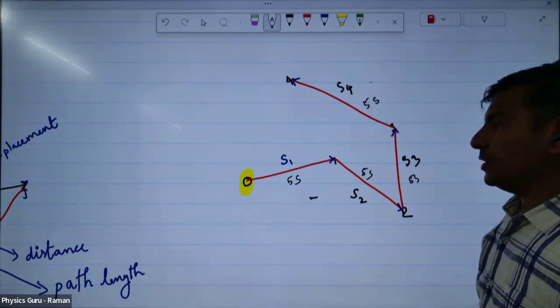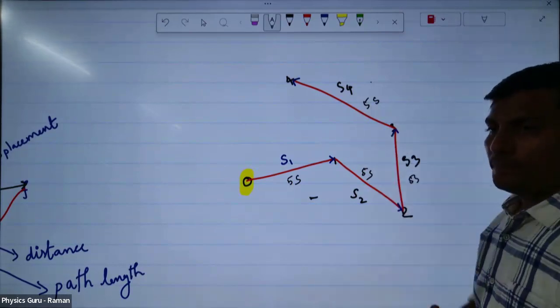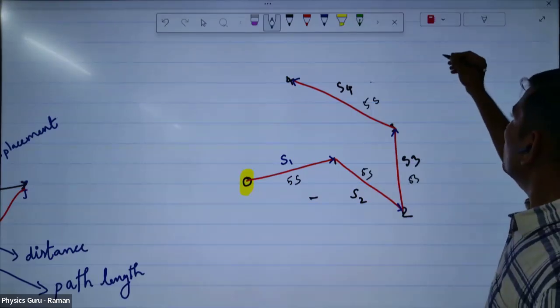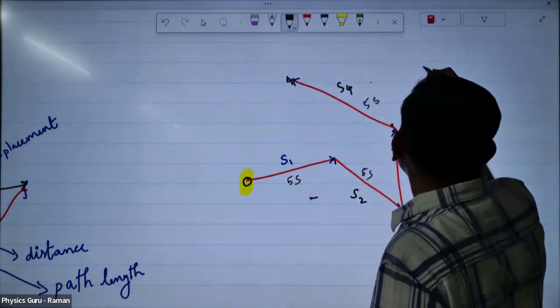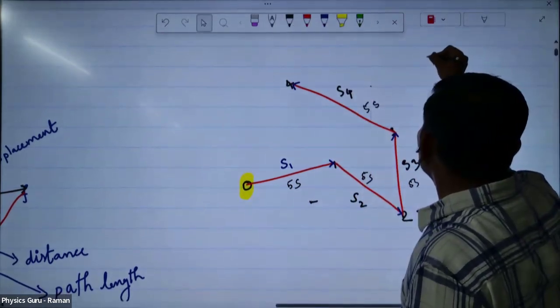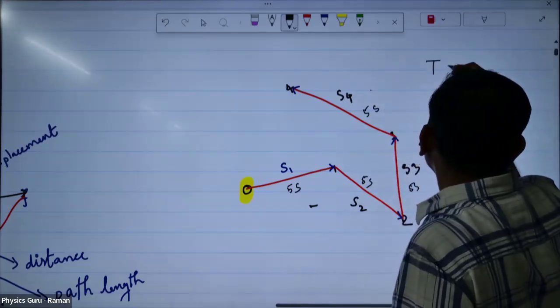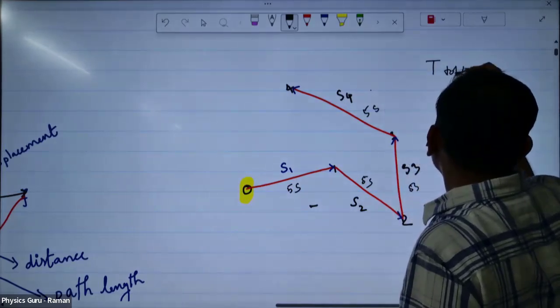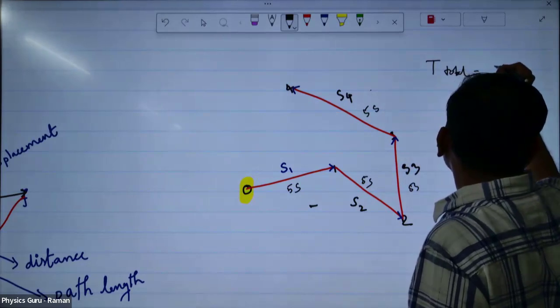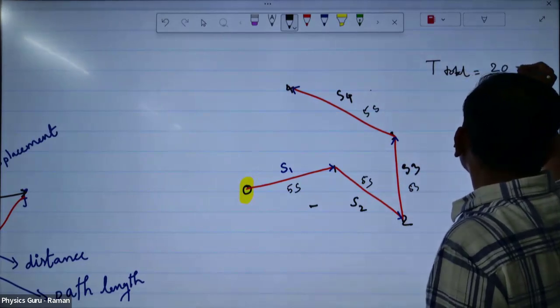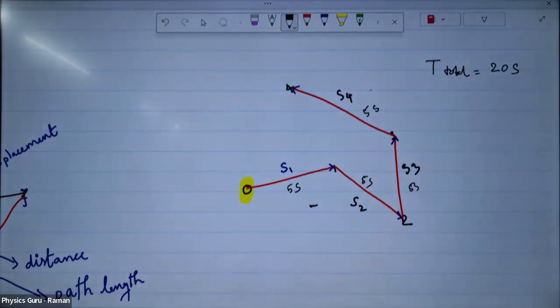So totally, what's the total time? 20 seconds. Very good. So T total is equal to 20 seconds.